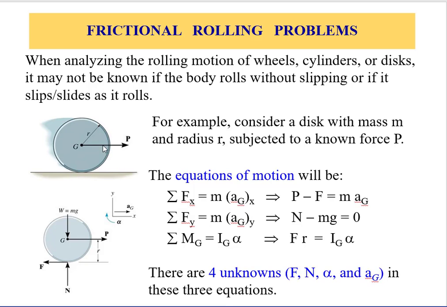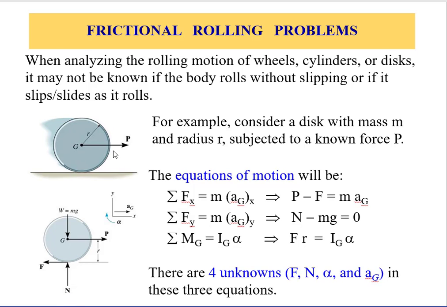Let's consider this example and dive into the equation of motion. First of all, the equation of motion is obtained from the free body diagram of this wheel. The forces on this wheel include the external force P, the weight of this wheel applied on G going downward, and a reaction force upward.